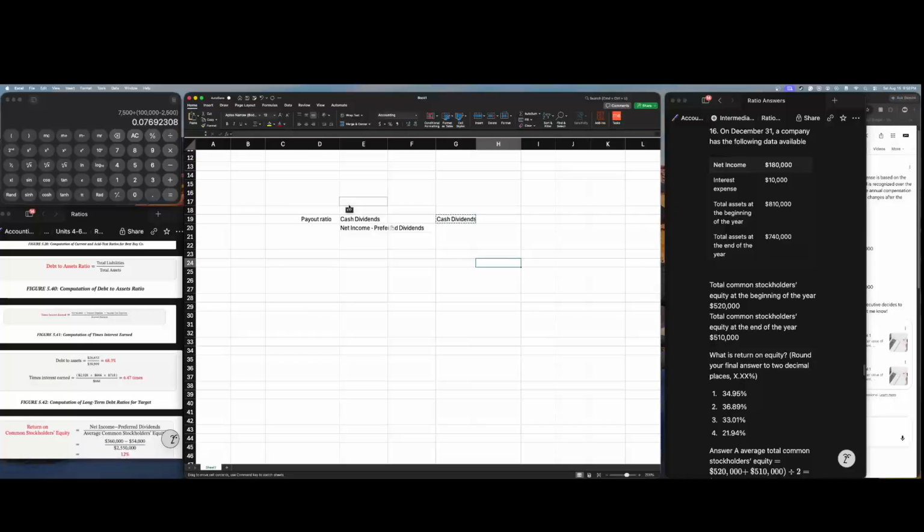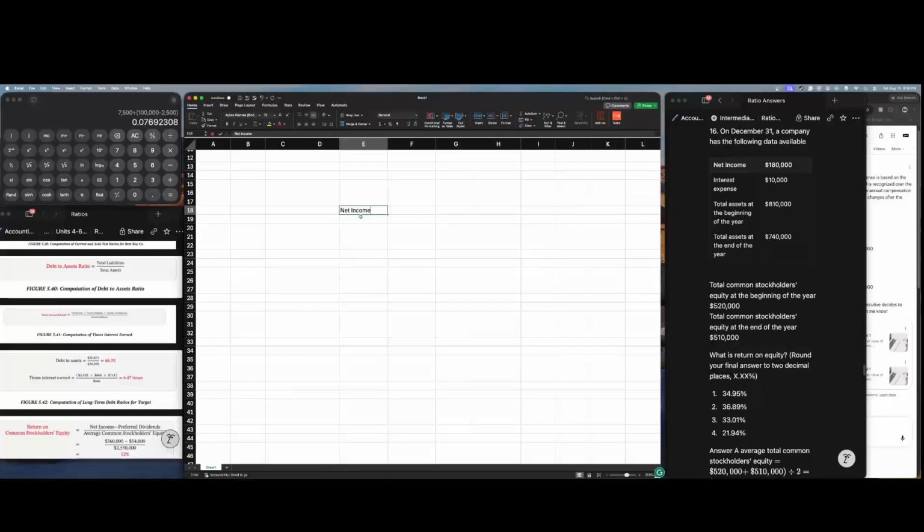The return on equity. I could be wrong here.